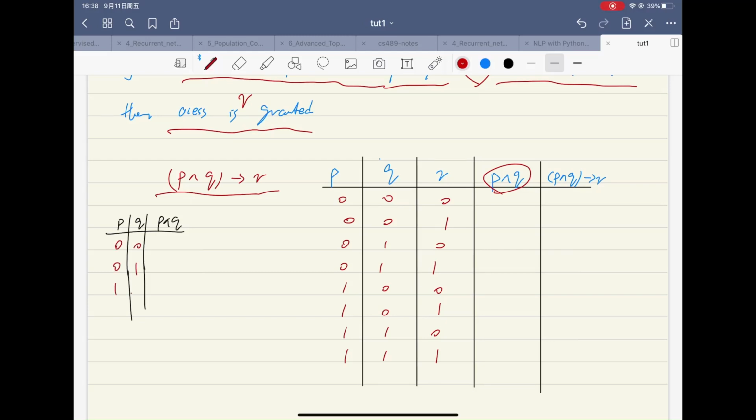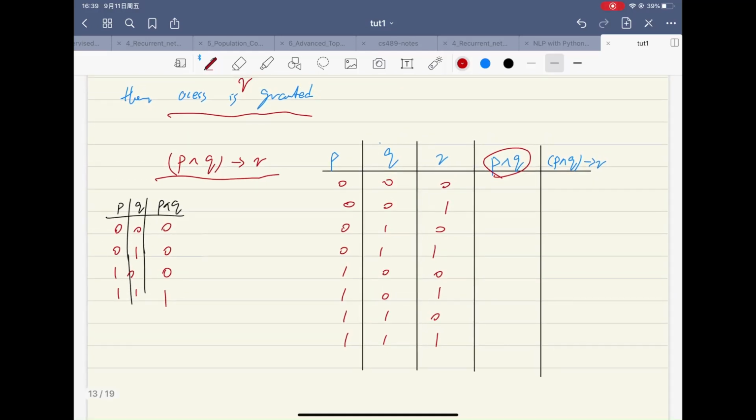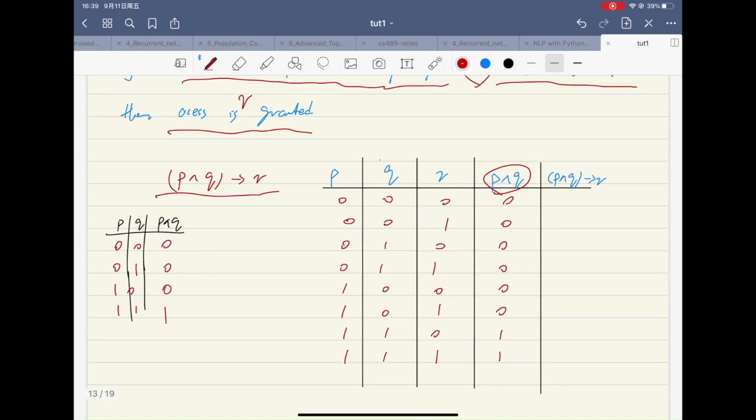So false false is false, false true is false, true false is false, and true true is true, right? Then we need to find the truth table of the implication.